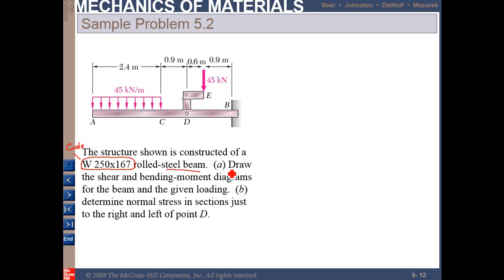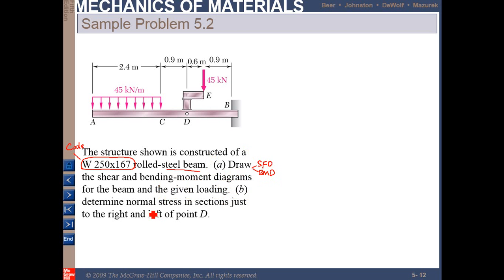Okay, so the question is, draw the shear and bending moment diagrams for the beam and the given loading. So the first question is you have to draw the shear force diagram and also the bending moment diagram.